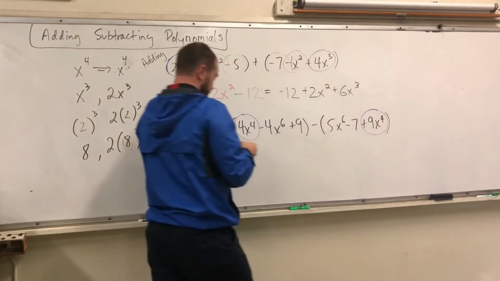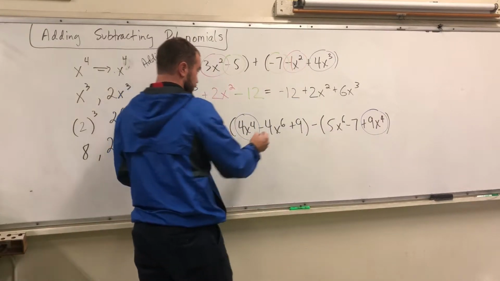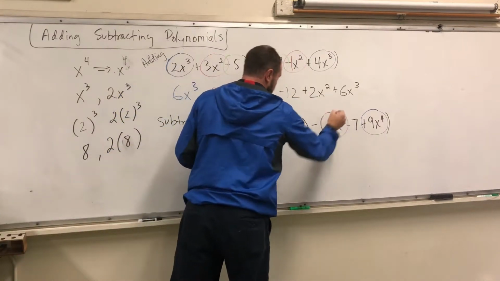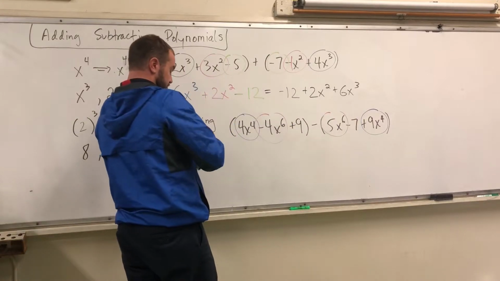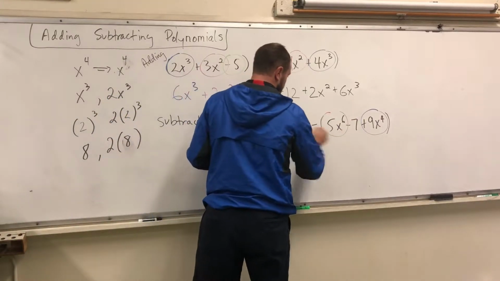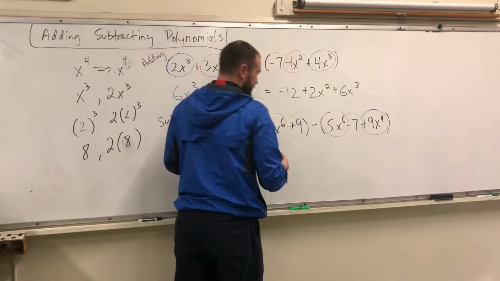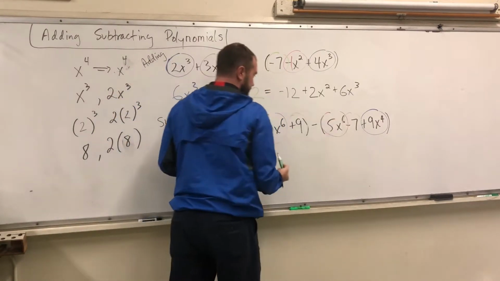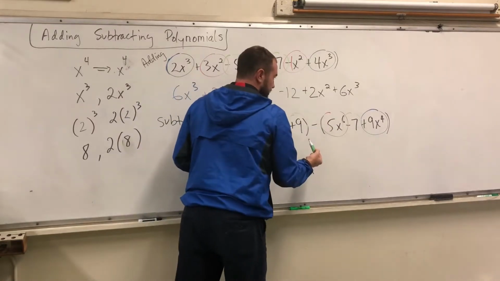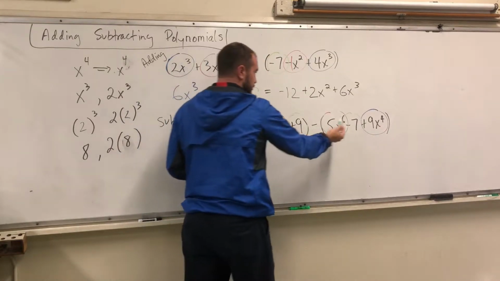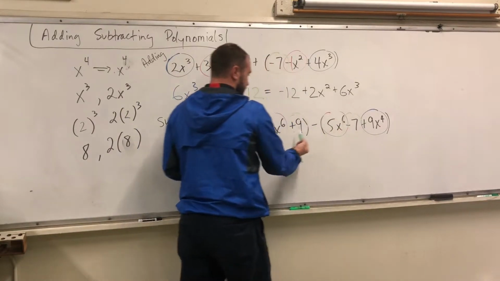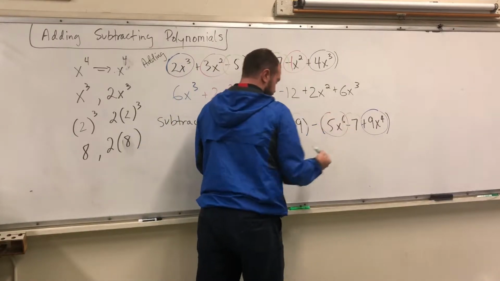Same idea with the like terms. What changes, and the common mistake students will make, is that they'll subtract the negative 5x to the 6th, but then when it comes to combining the negative 7 with the 9, they'll continue to subtract.